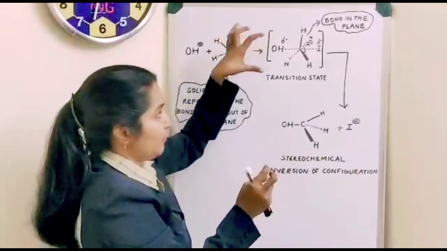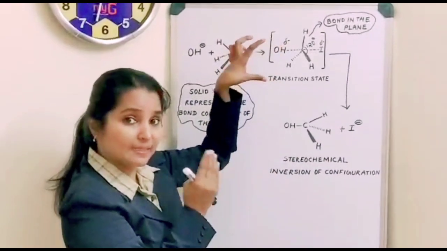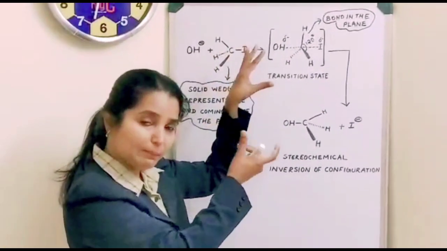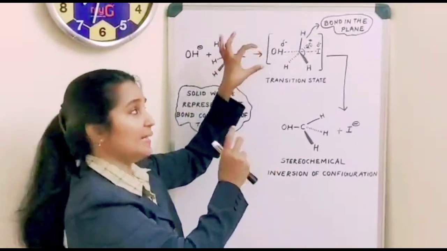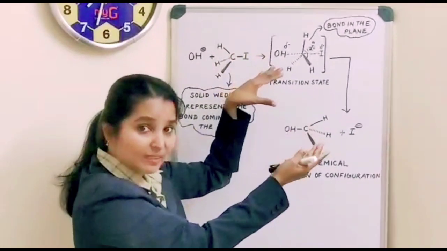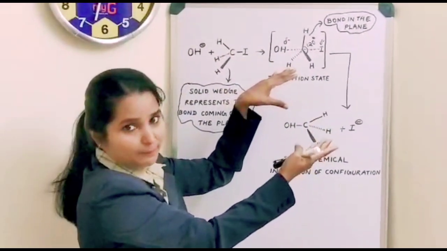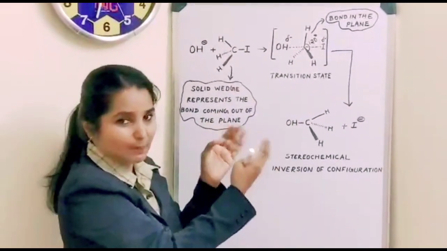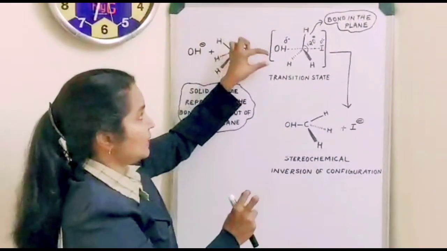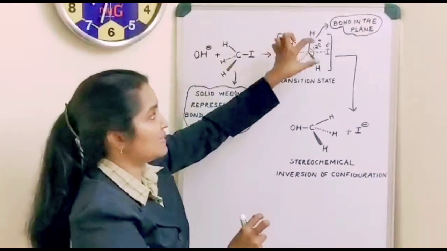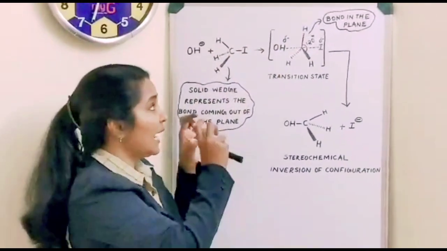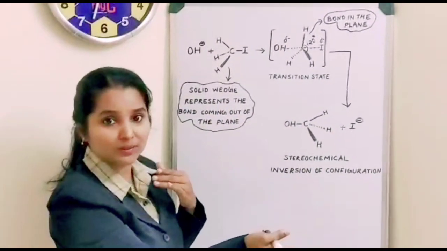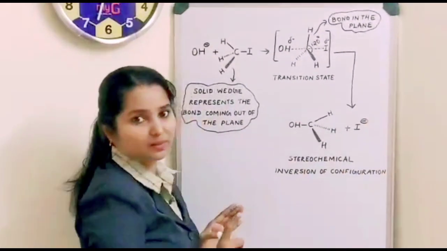When we look into the transition state of this SN2 mechanism, the hydroxide ion is partially bonded to the carbon. At the same time, the iodide ion is partially leaving this carbon. The transition state exists for a moment, and then what happens? The hydroxide ion carries a negative charge, and the iodide ion also carries a negative charge, and a push from the hydroxide ion expels the iodide ion out. So the iodide ion is out, and now what happens?